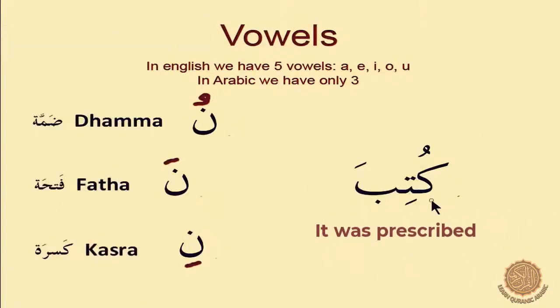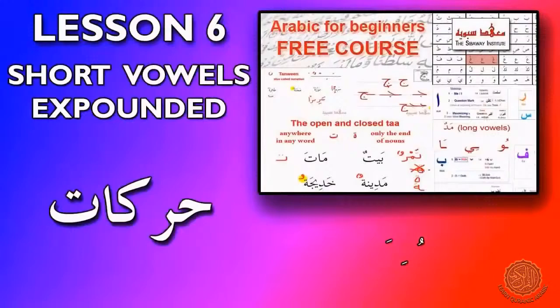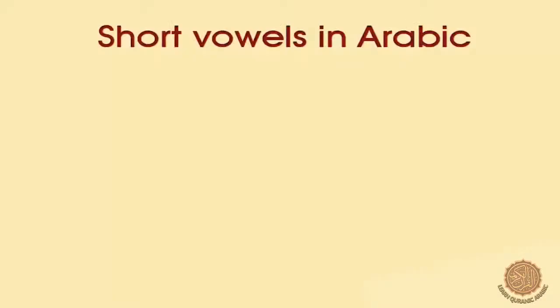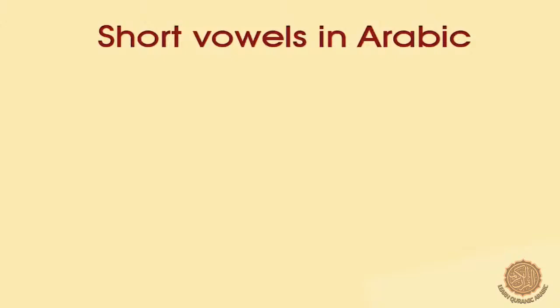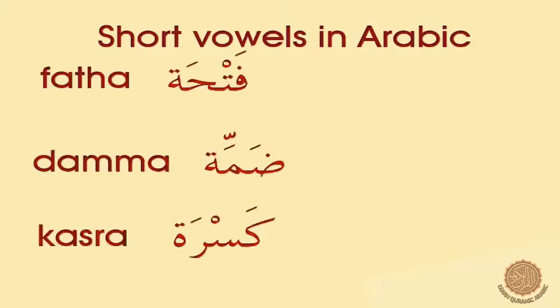So that's a brief explanation of vowels. Unlike English, in English we have 5 vowels, A, E, I, O, U. In Arabic we only have 3, and they are what is known as fatha, dhamma, and kasra.